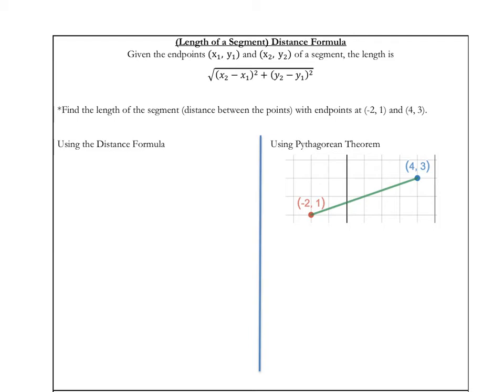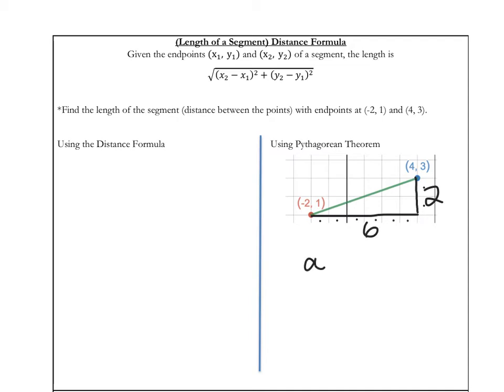It's just that when you are given a grid, you should use Pythagorean theorem. So we will actually do the right side first. Make your right triangle going straight down and straight over, and count your sides. 1, 2, and 1, 2, 3, 4, 5, 6.